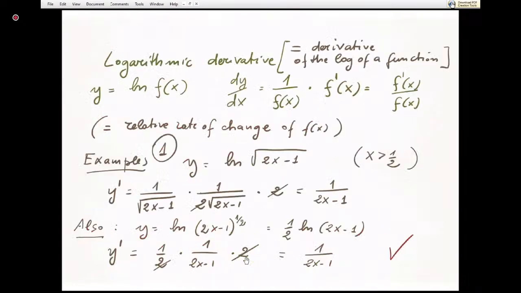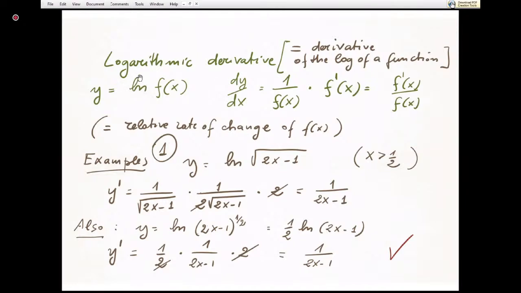Okay. Next, the logarithmic derivative for one variable function. What is the derivative of the log of f of x? The derivative of the log of f of x is the derivative of a very special composite function, which is the log of a function. Okay. And I can use the chain rule.